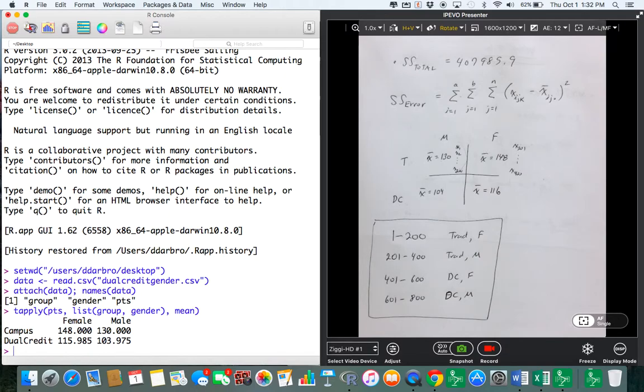All right, gang. What I want to do is set up four what I call data frames, and I want to call the first one, I think the first 200 were traditional female. So I'm just going to call this TF for traditional female. And I'm going to use what's called a data function. Whatever I call my data set back up here, this is what I have to call in this function.